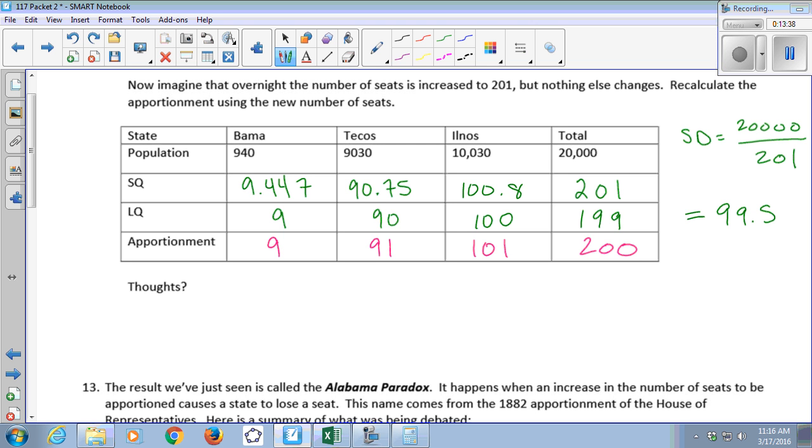There are more seats to go around, but you only get 9, right? So it's like, if you think of it in terms of the mom with the kids and the candy, if there's more candy to give out and one of the kids is now getting less candy, they're going to be really mad, right? All right, so Bama is thinking this is unfair.